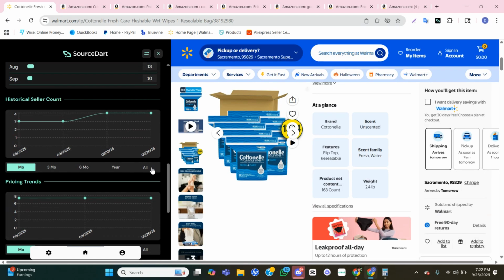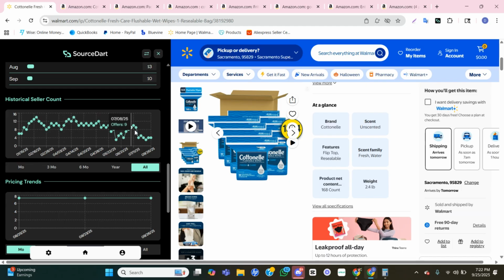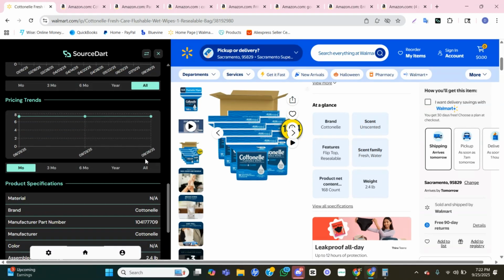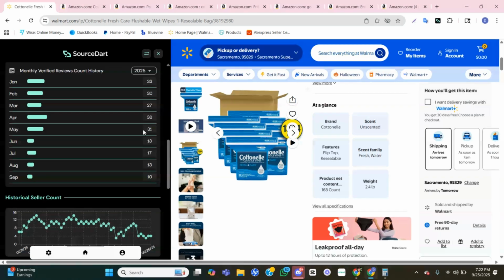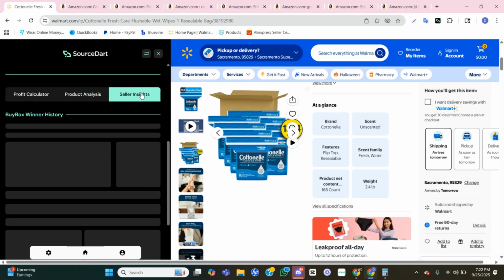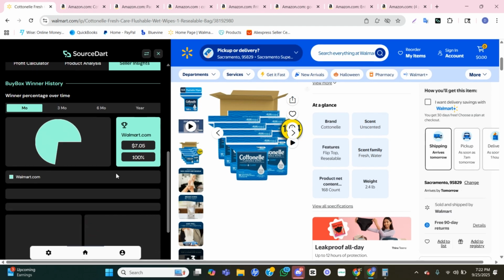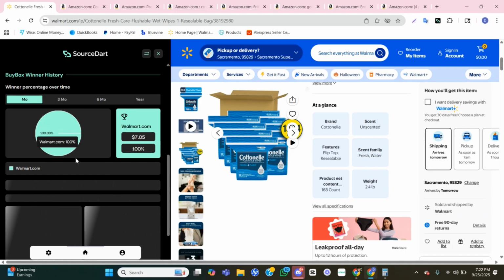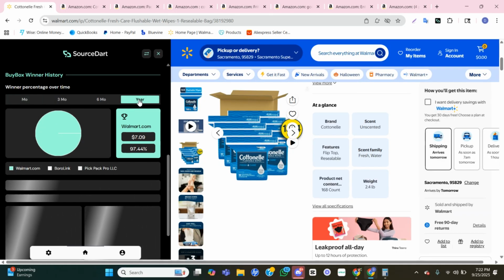How many sellers? 9, 10, so a lot. The highest price is 777. Let's see who is getting the buybacks. It's always Walmart.